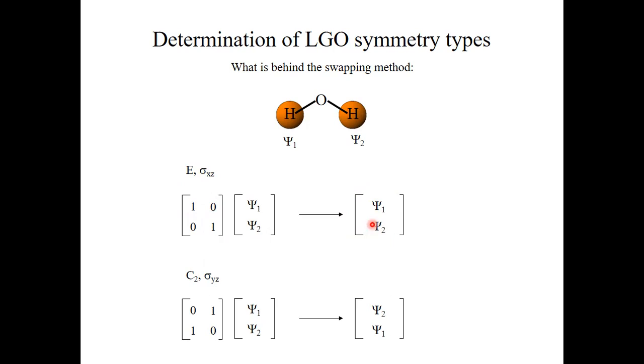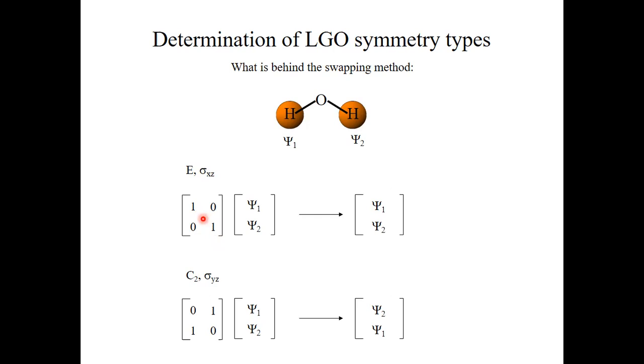Okay, so now the characters on the reducible representation are actually nothing but the sum of the characters that you find on the trace of that matrix that represents your symmetry operation. So in this case, it's these two characters, 1 and 1 respectively. So we add that up, 1 and 1, and that gives you 2.